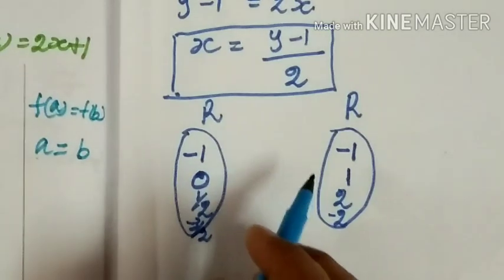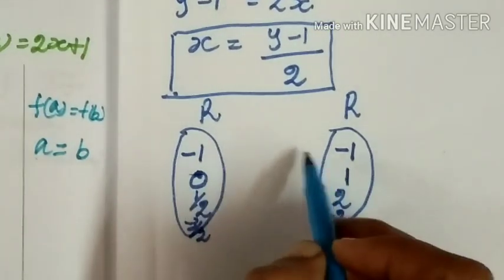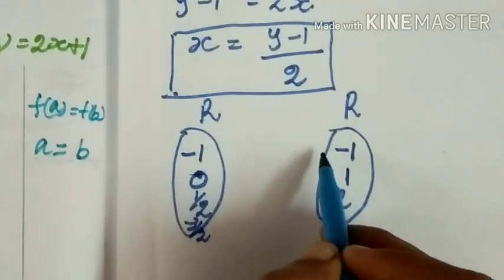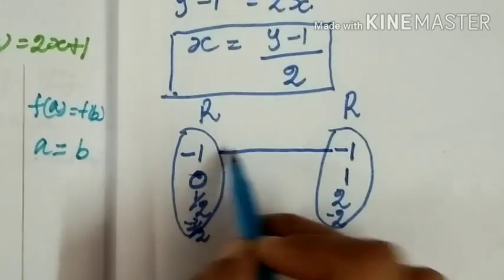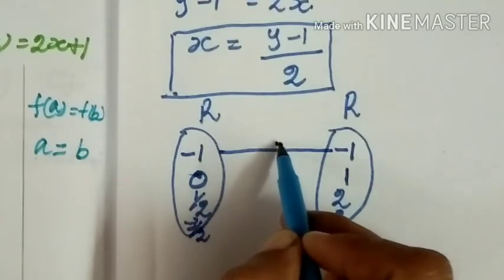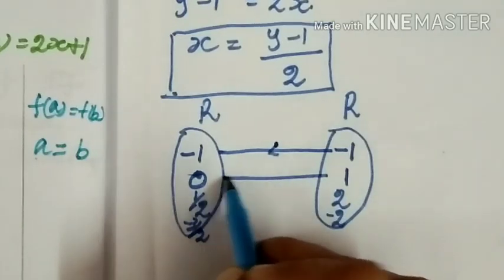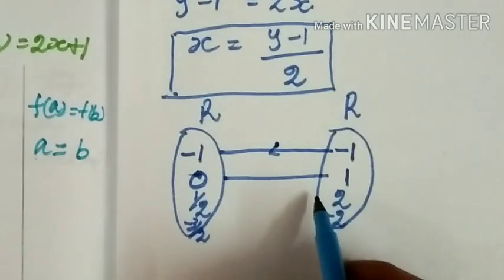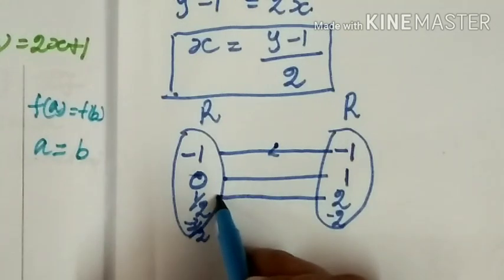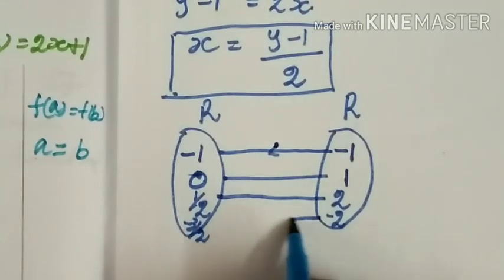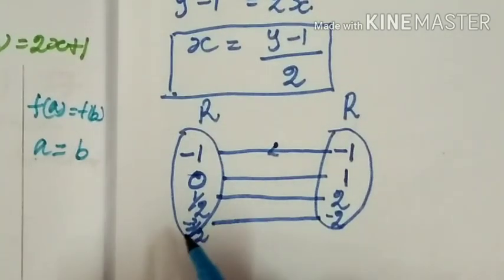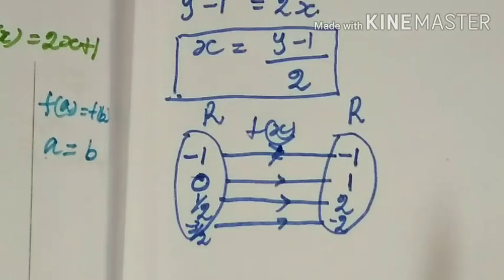From this, minus 1 has a pre-image minus 1, then 1 has a pre-image 0, then 2 has a pre-image 1 by 2, minus 2 has a pre-image minus 3 by 2.